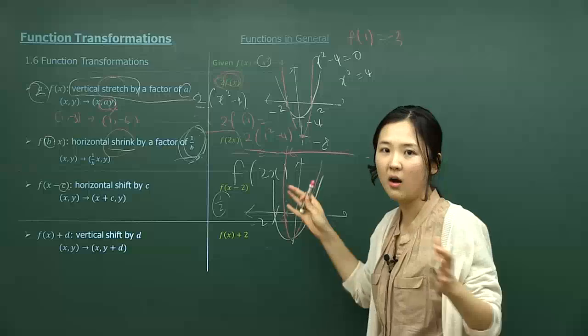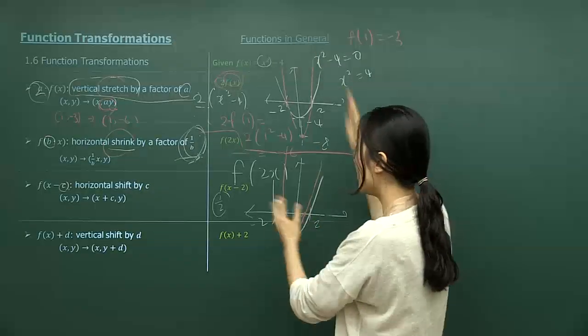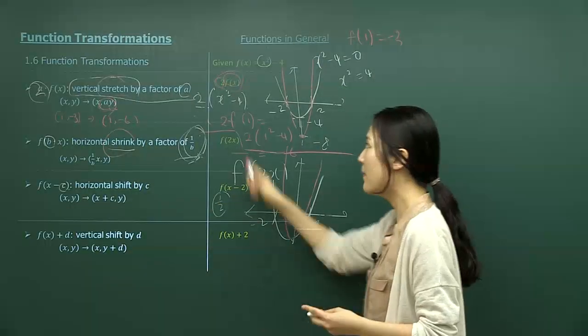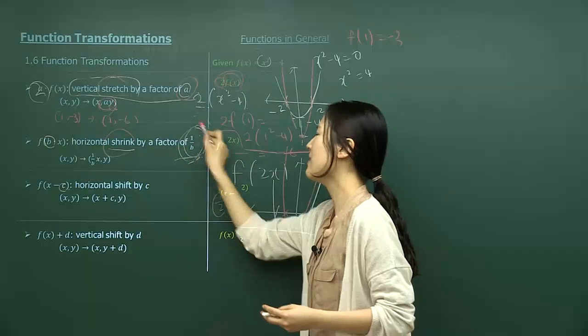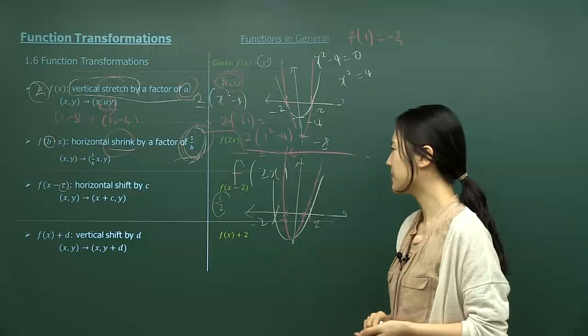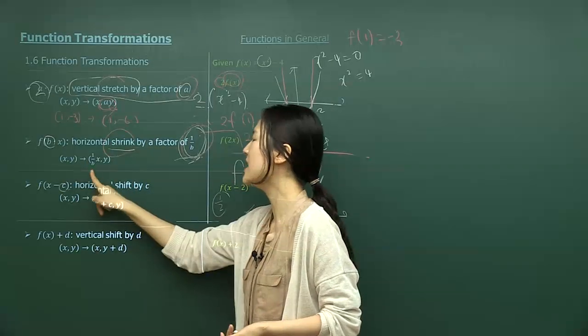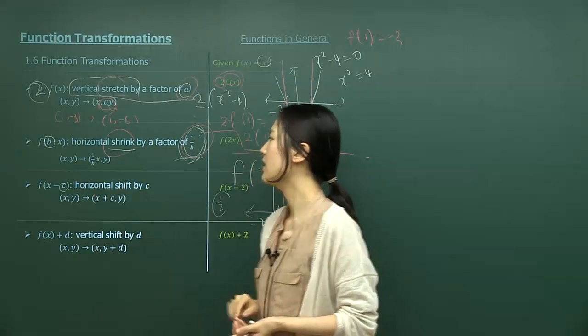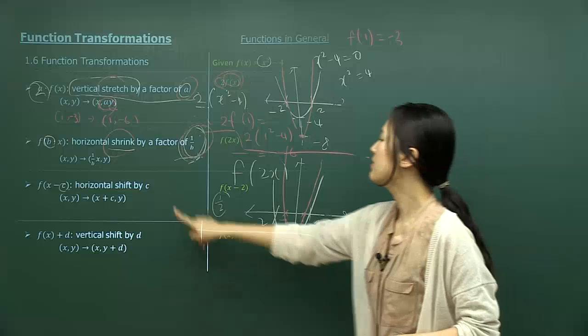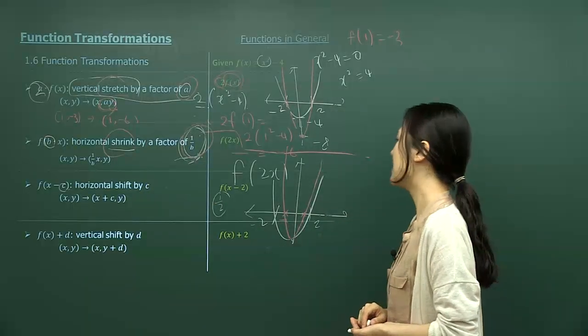Okay, that's what it means by shrink and stretch. It's actually the opposite way around. It narrows it by a factor of 1 over b. So simply imagine having your x being divided by b. Now, next, horizontal shift by c.